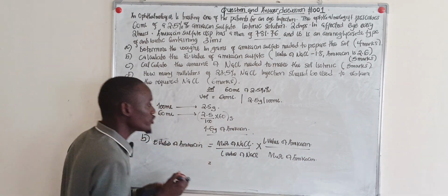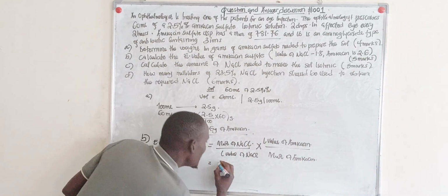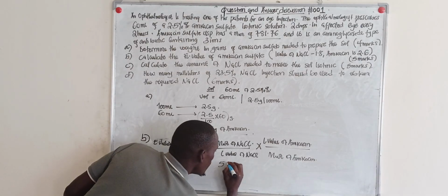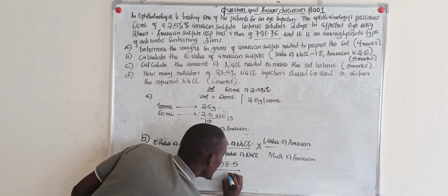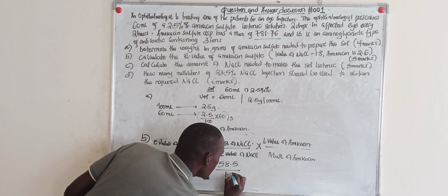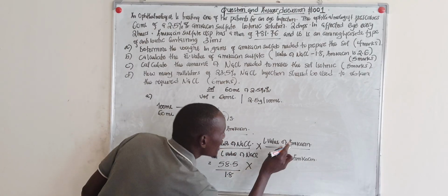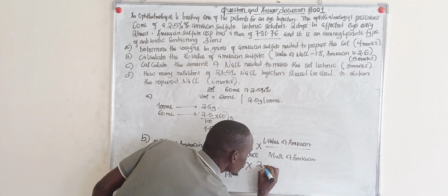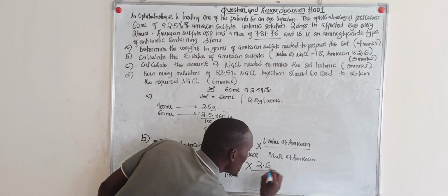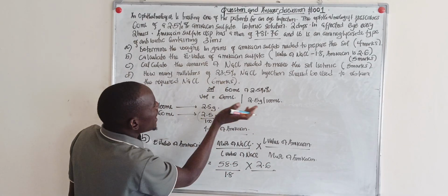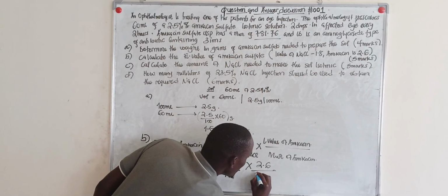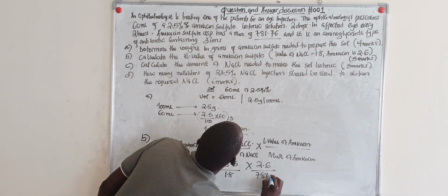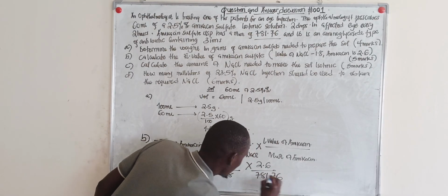So, when we substitute this, you will realize that the molecular weight of sodium chloride is 58.5 divided by its i value, which is 1.8, times the i value of amikacin, which is 2.6, divided by its molecular weight, which has been given to us as 781.76.